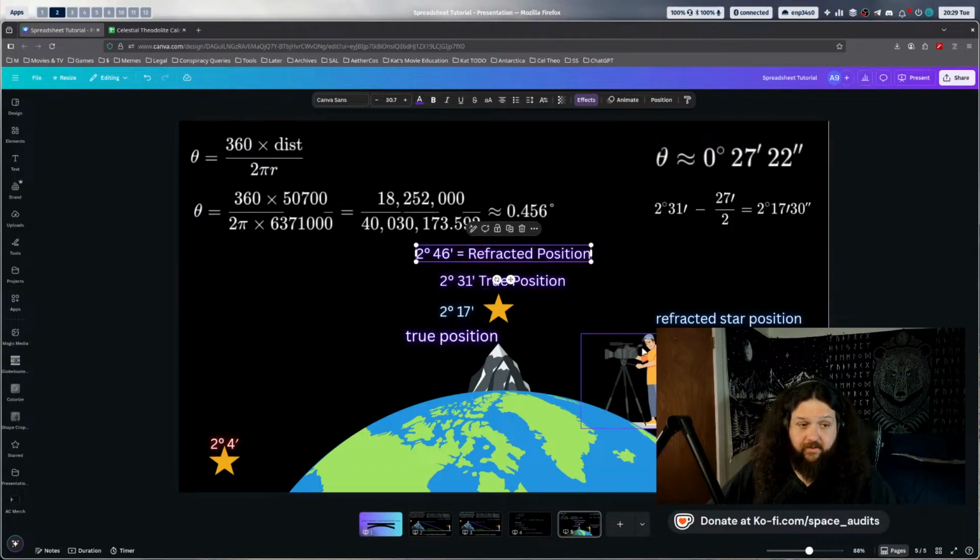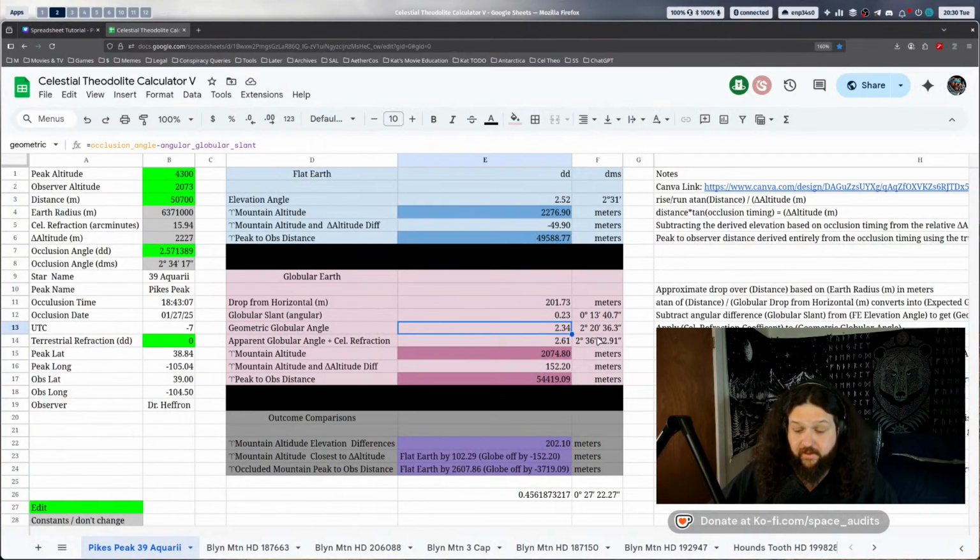So again, to recap, the correct formula to derive globe drop: 360 times the distance over 2 pi times the radius will give you the drop in degrees, and then take half of that and subtract it from a flat Earth angle of the same distance, and you will get the raw globe drop.